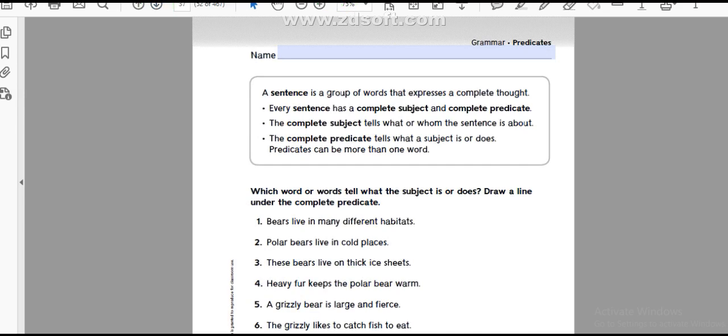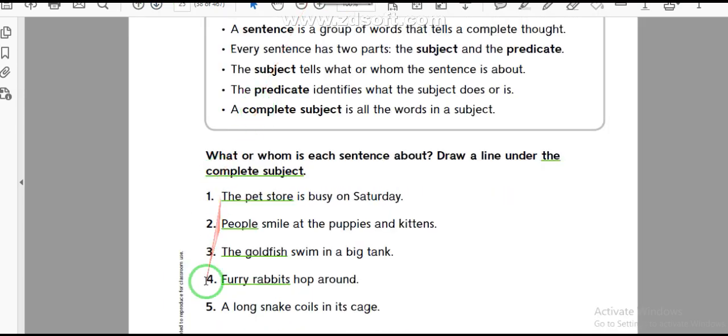Okay, 1 minute. Okay, here it is, number 5. A long snake coils in its cage. About what or about whom am I talking? Am I talking about the cage? No. About what? Bravo, the snake, a long snake. Not only snake, a long snake. A long snake coils, also coils.